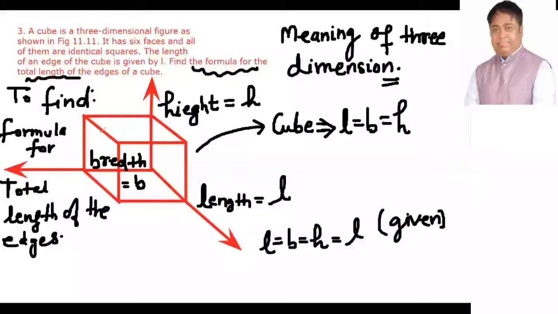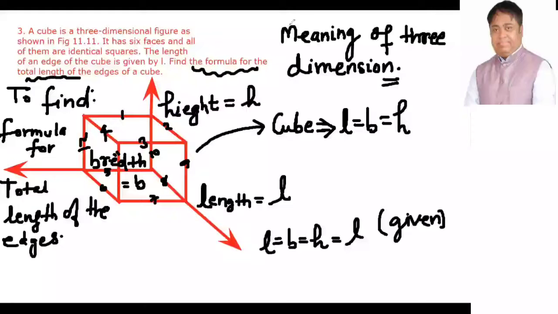So how many edges are there? We will count. 4 at the top, 4 at the bottom, and 4 at the sides, isn't it? Like 1, 2, 3, 4, 5, 6, 7, 8, 9, 10, 11, and 12.